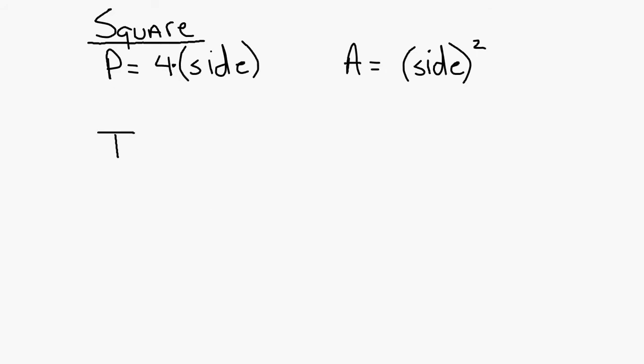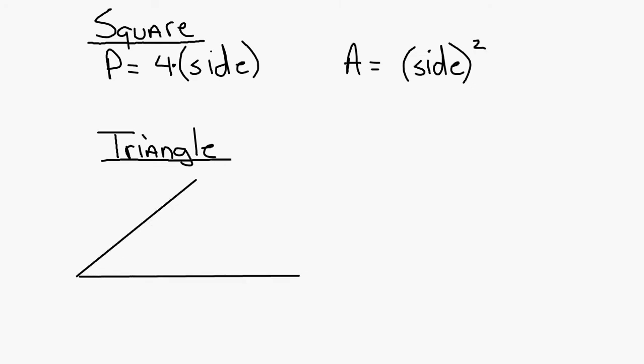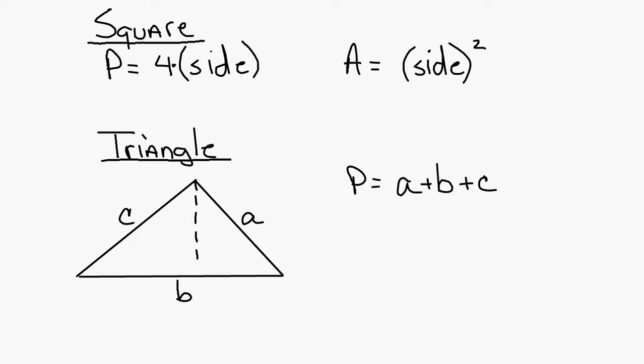Triangle. So for a triangle ABC, the perimeter is equal to A plus B plus C. This measurement that's going to be attached to this dashed line, that's the height of the triangle.